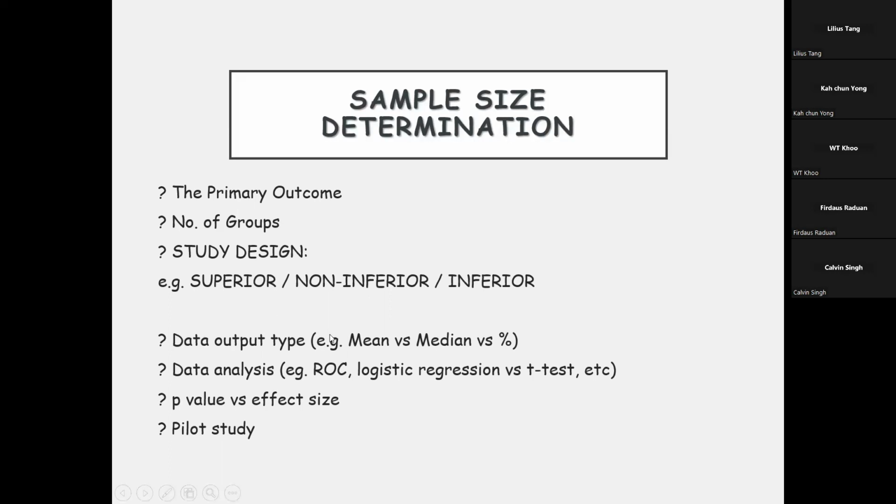Then you also need to know whether you're dealing with one group, two groups, three groups, because based on that, your sample size will differ. And the calculation, sometimes if it's two groups, a different formula is used compared to when it's a single group. And when it's three groups, you might need to calculate for one, and then they might times it and so forth.